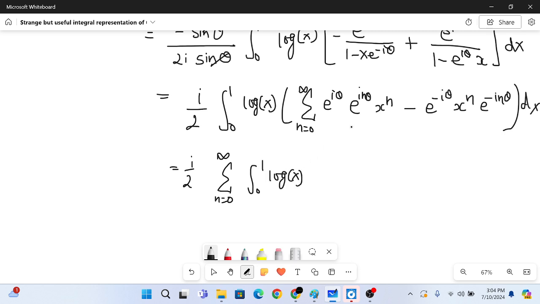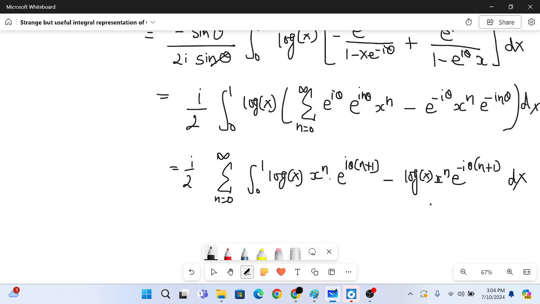And now this is just x to the power n and e to the power iθ times (n plus 1), minus, this will also have log x, this will also have x to the power n, and then this is e to the power minus iθ times (n plus 1), dx.